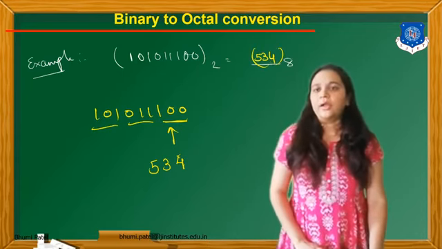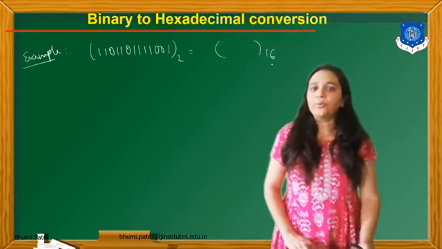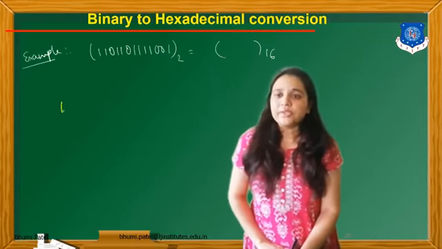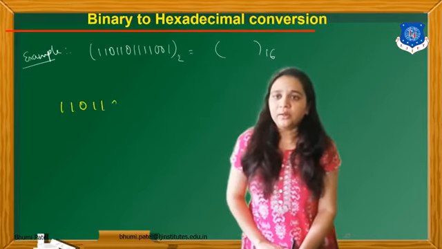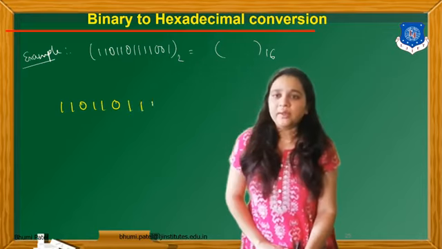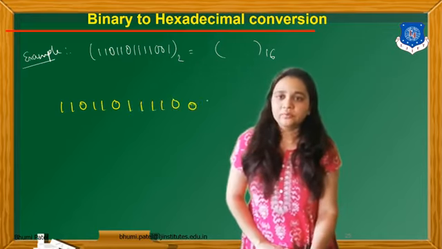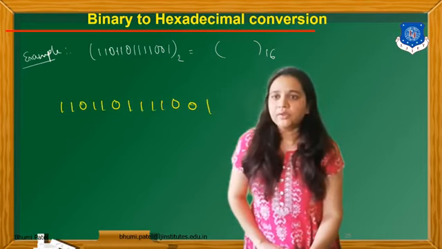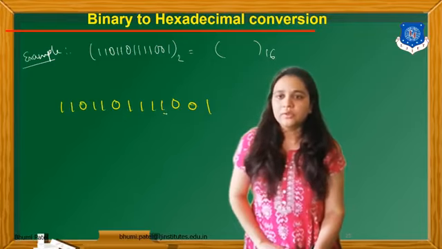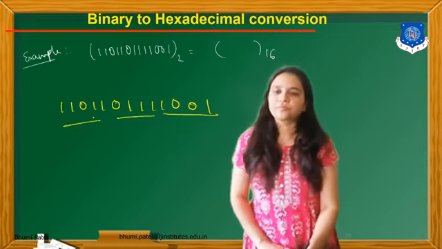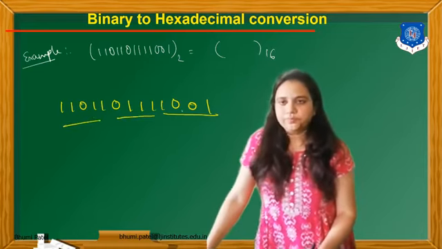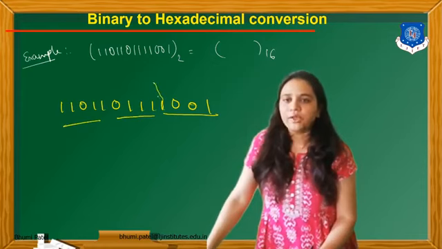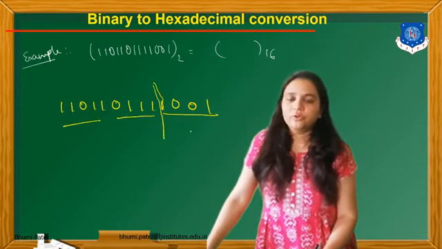Okay. And the last one is binary to hexadecimal. So same thing, you have to make groups of 4 binary digits and then write the hexadecimal conversion. 110110111110001. This 4, this 4 and this 4, and this 4. Okay, so this is 9.